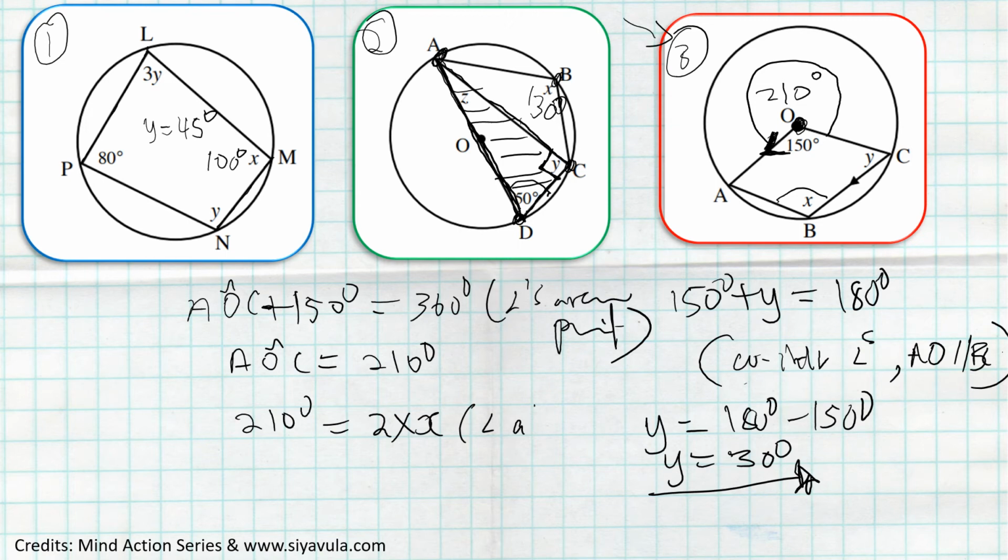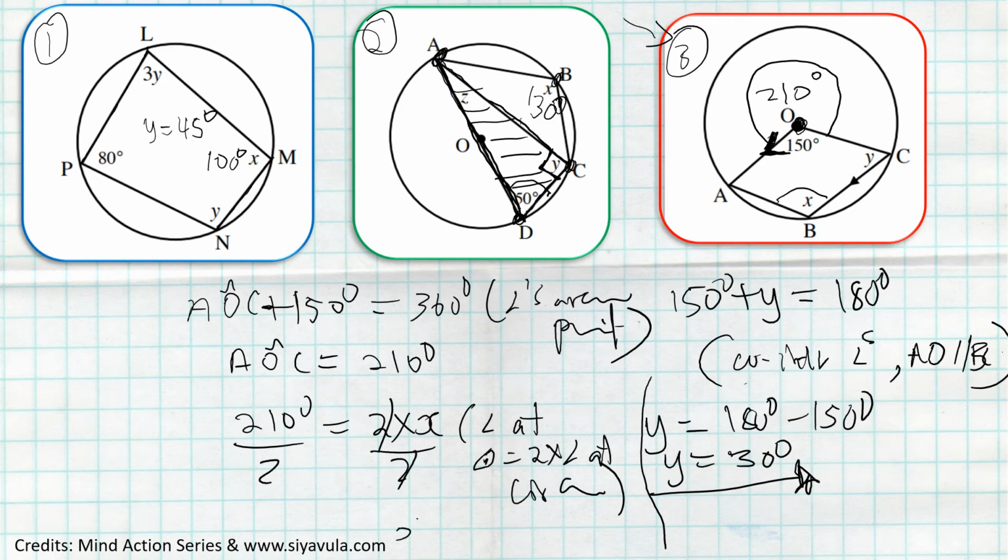So angle at center is equal to 2 times angle at circumference. Okay, so we can solve for x by dividing both sides by 2, and our x will be equal to 210 divided by 2. Which will give us what? 105 degrees. So you can see that when solving questions related to Euclidean geometry, we are not limited to one theorem.